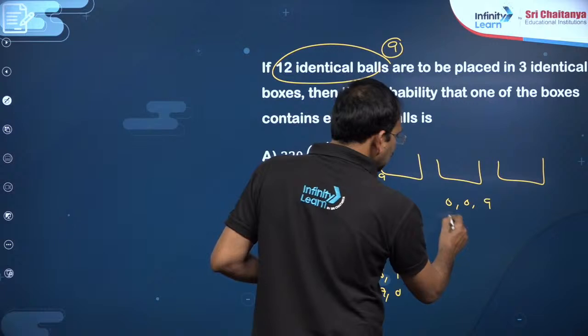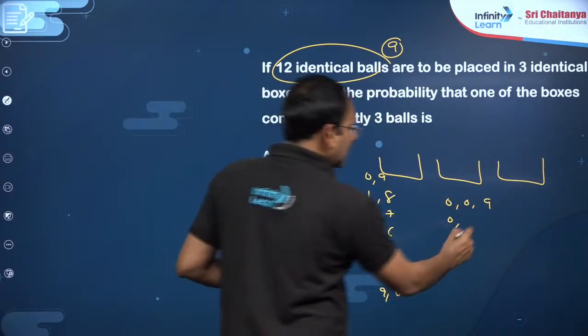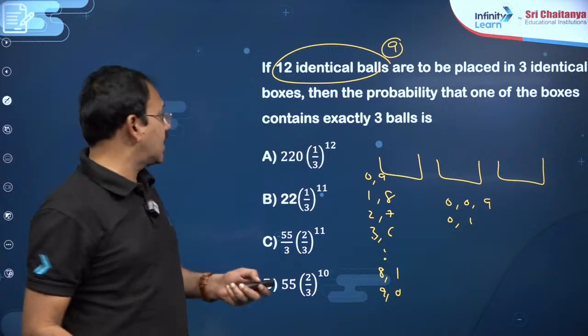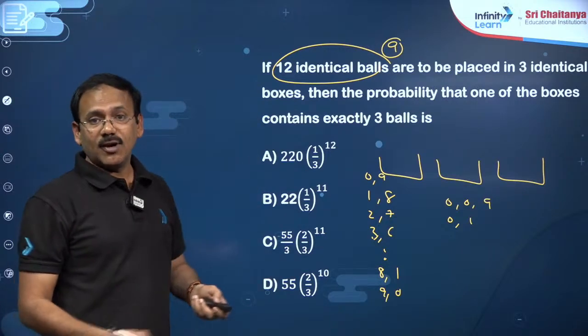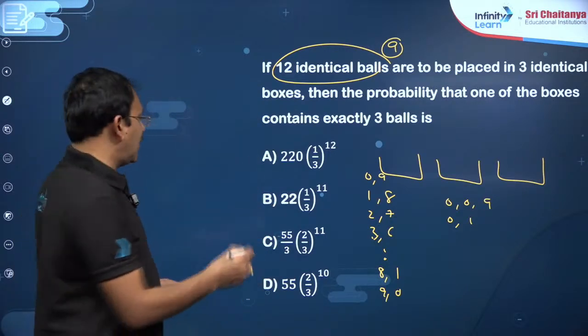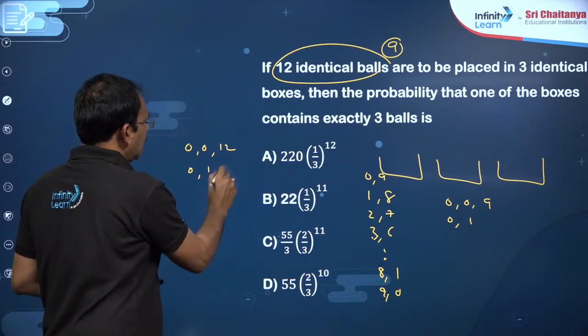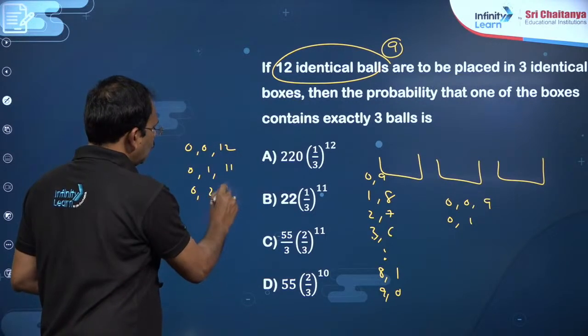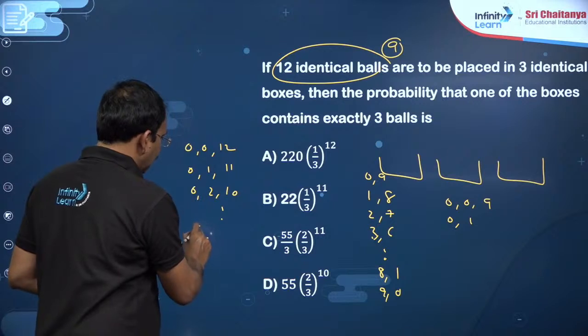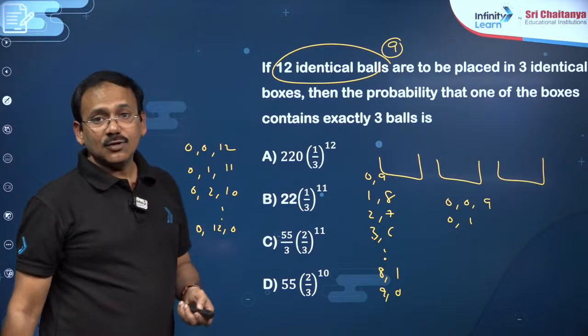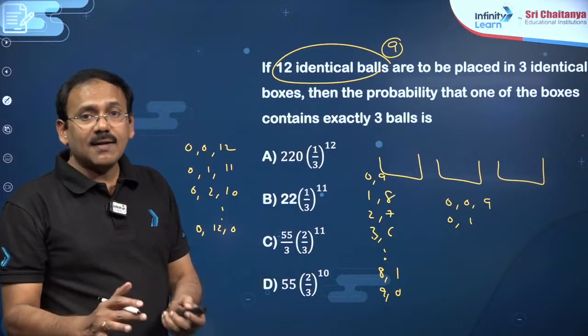So suppose you put 0 9, then already 12 balls are there, you need to split into 3 cases, right? Already 12 identical balls. In how many ways can you put them into 3 identical boxes? 0 0 12, 0 1 11, 0 2 10, like this. You have to go up to 12 0, right? So in these many ways you have to divide the number of cases.